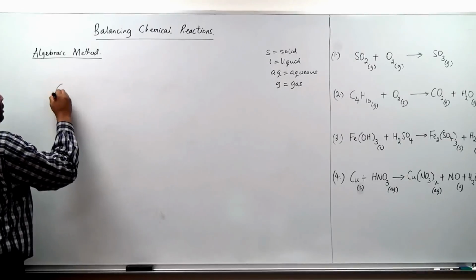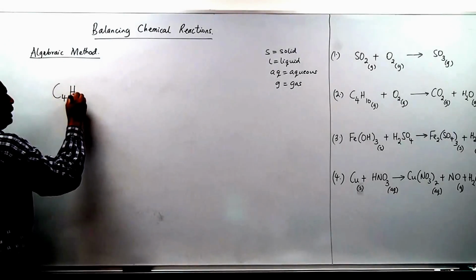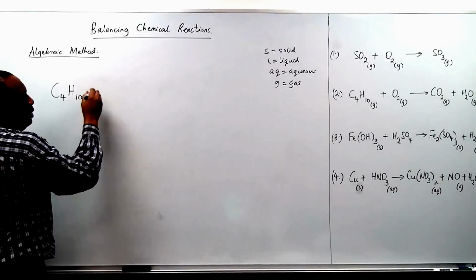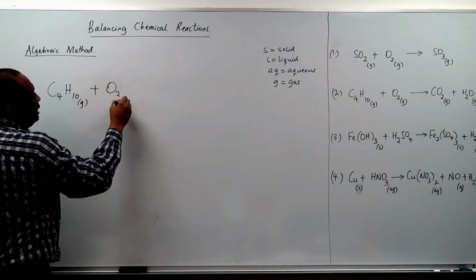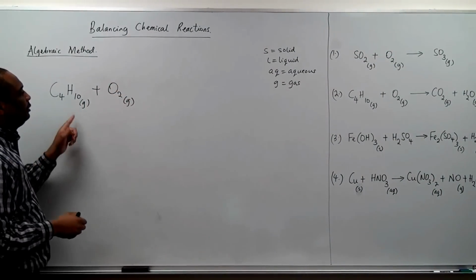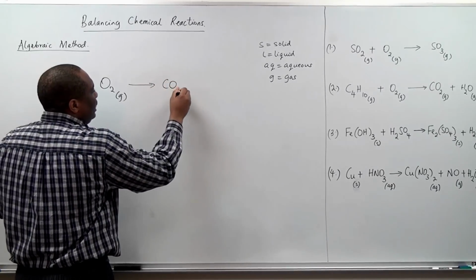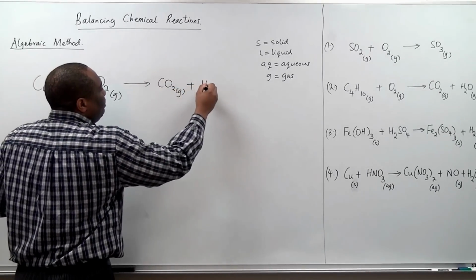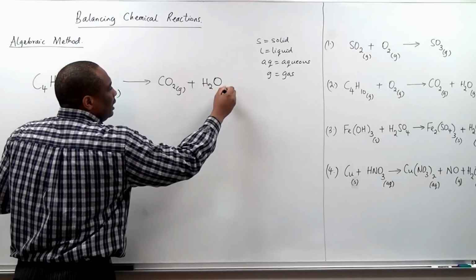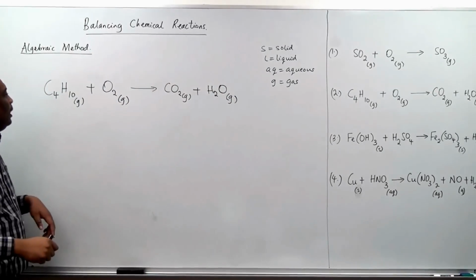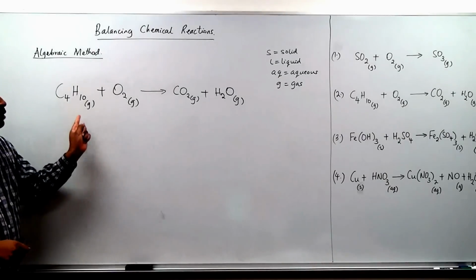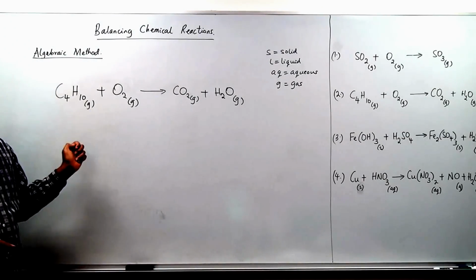Number 2, we have butane, C4H10, butane gas, combining with oxygen. That is the combustion of butane, to give carbon dioxide and steam. Steam is gaseous water. Now, it's difficult to do this by inspection.